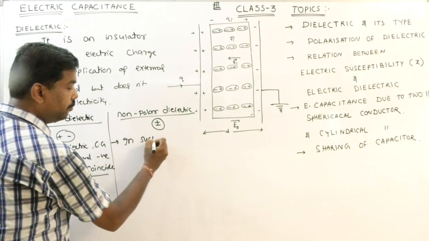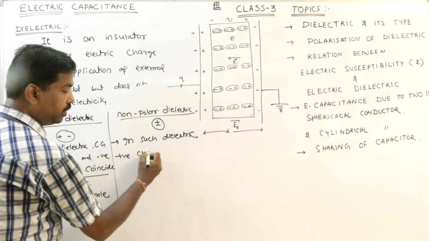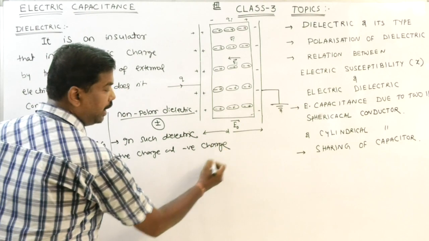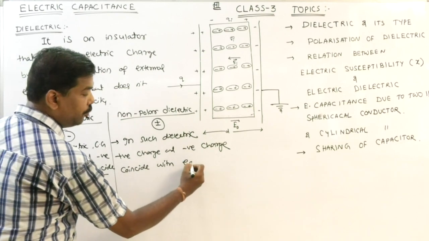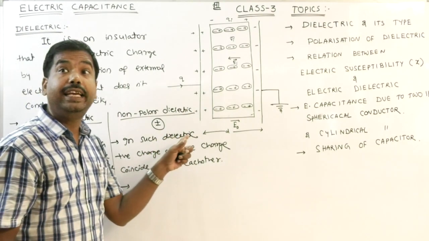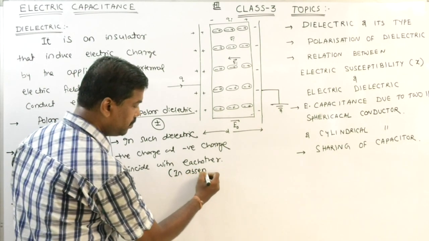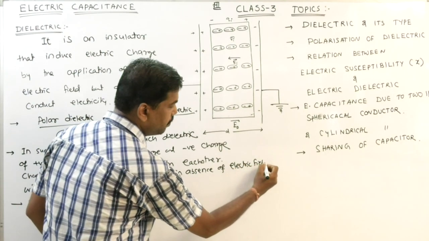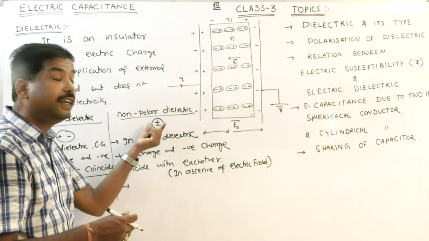In such a dielectric, positive charge and negative charge coincide with each other. It means in absence of electric field, clear? When some electric field is applied, they get displaced.